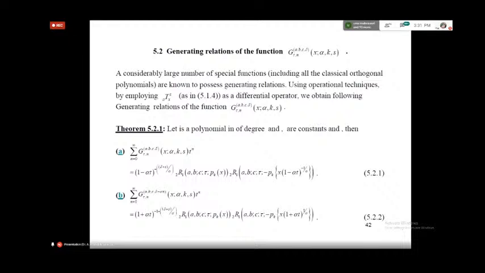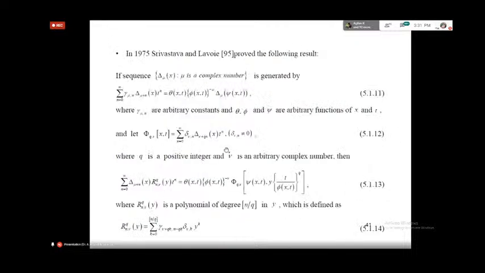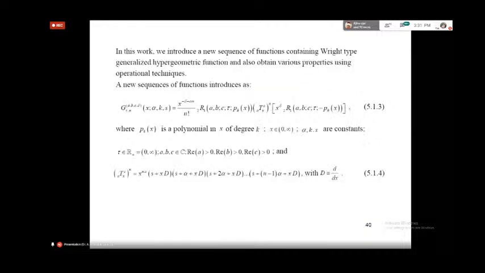Clear? So this is the most important property. This is given in this form, and this can be written into this form. Finally, this is a function, and this is defined into this form in 5.1.3.